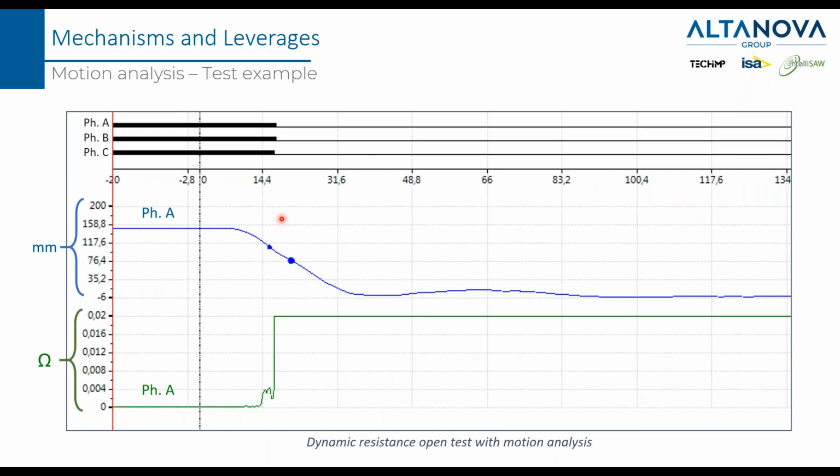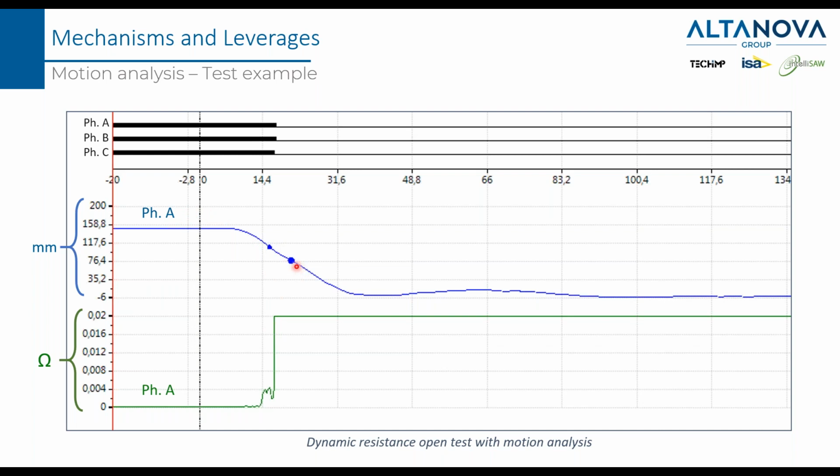This is another real example. So we have 3 main contacts here, phase A, B, and C. But I decided to put in this picture only the graph that belongs to the transducer connected to the phase A. And this is the dynamic resistance of the contact of the phase A. So we can understand from here that the phase A switched from the closed to open position at this point that corresponds to this line here.